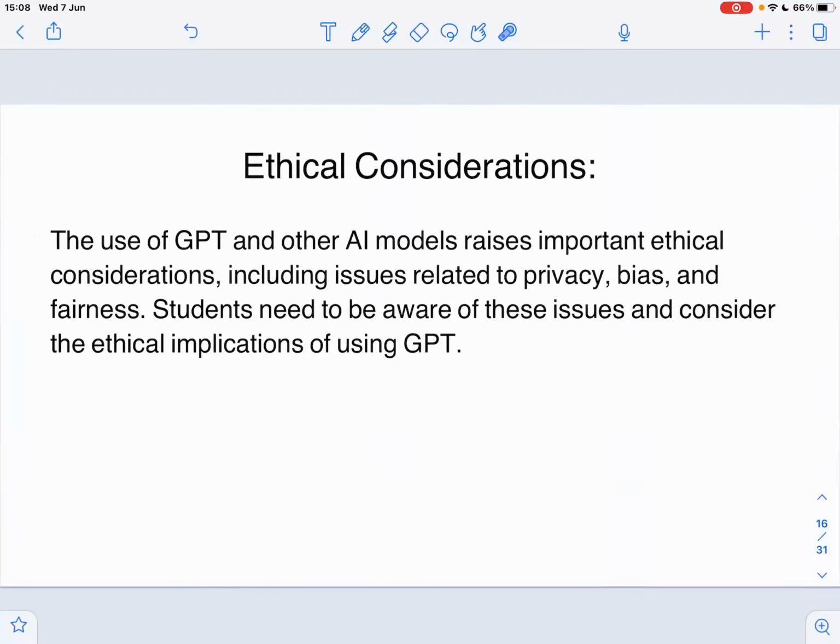Now, of course, we have further ethical considerations. The way I see it is that it will divide our society at one point. There will be a group of people who will be able to use it in a very imaginative, creative way.